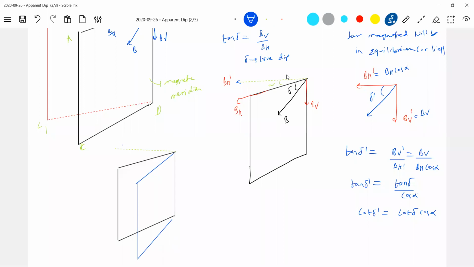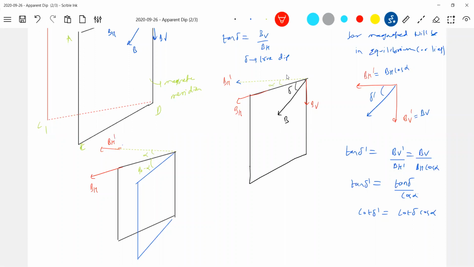So this was the alpha, and this is 90 minus alpha. This was the original BH, and this is BH dash.